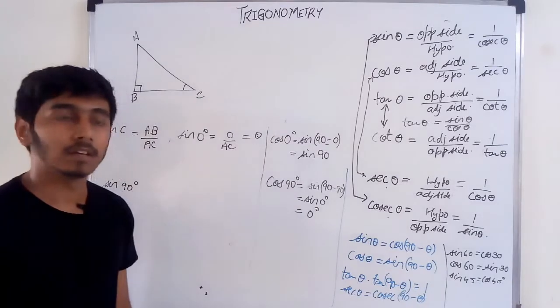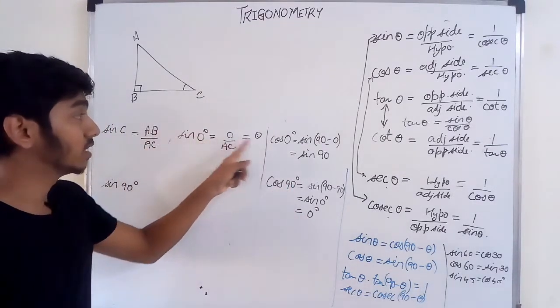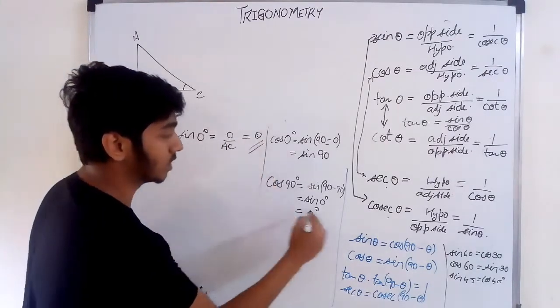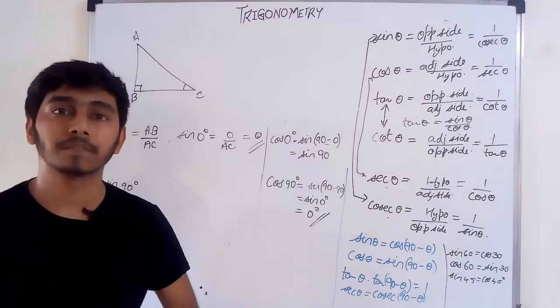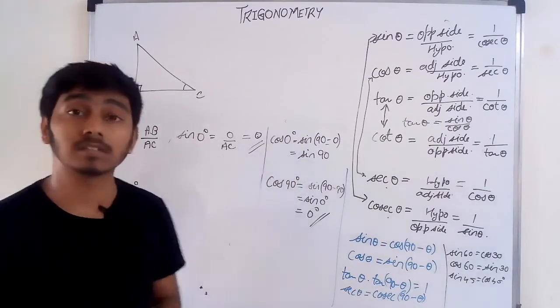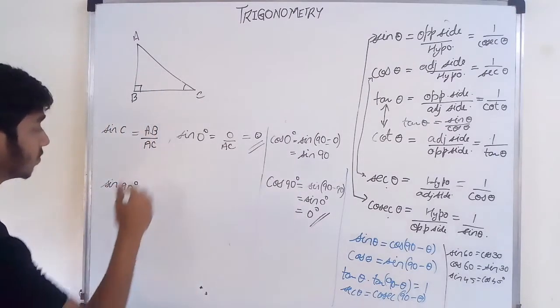So if you see, cos 90 is 0 and sine 0 is 0, so you should remember these two, sine 0 and cos 90. Now we'll find sine 90 and at the same time we'll find cos 0 also. So let's find that out.